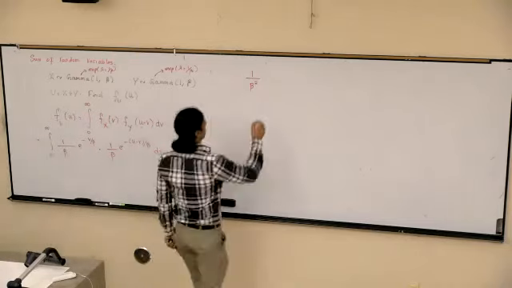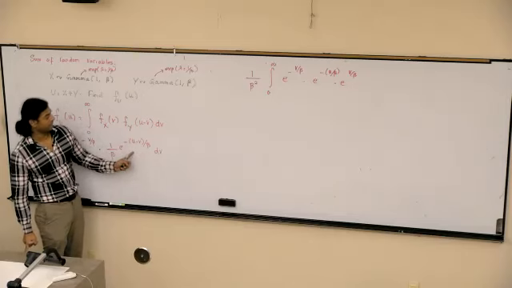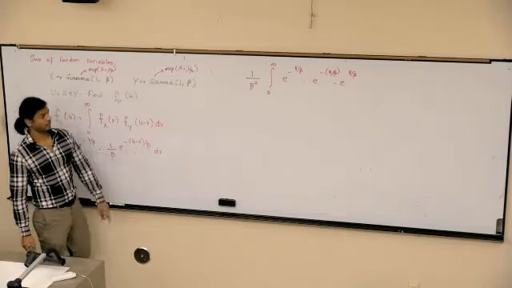Just split this up. e raised minus u over beta multiplied by e raised v over beta times dv.